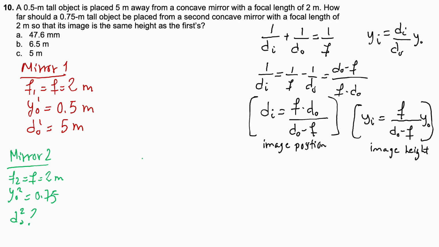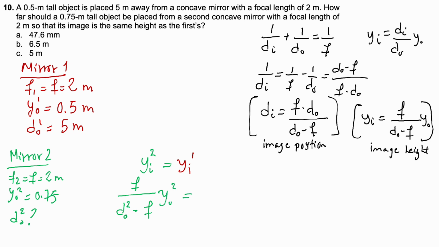The condition is that the image of the second mirror needs to be equal to the image in the first mirror. So if we work the math here, we have the focal length over the distance of the object in the second mirror minus f, times the height of the object in the second one.